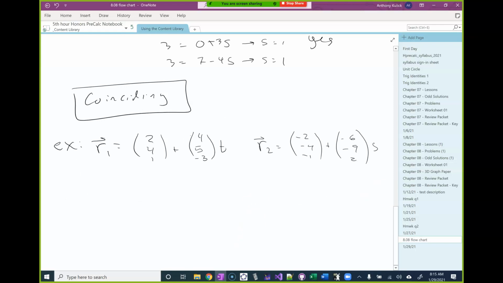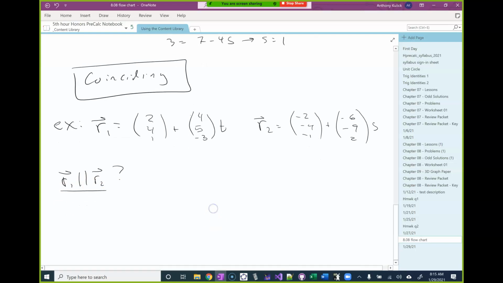So there's my R1 and R2. The first thing we'll do is check to see if they're parallel. So I'll take 4, 5, negative 3 times t and see if that'll equal negative 6, negative 9, positive 2.